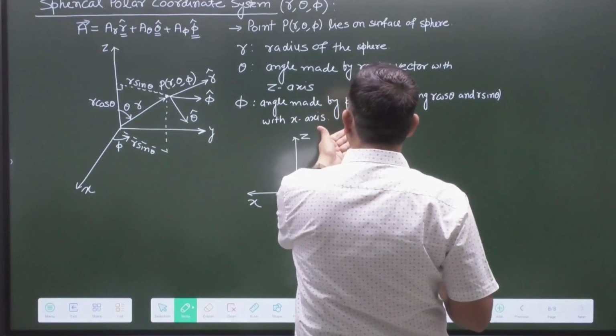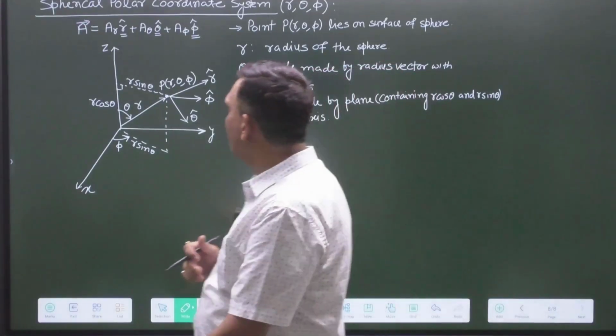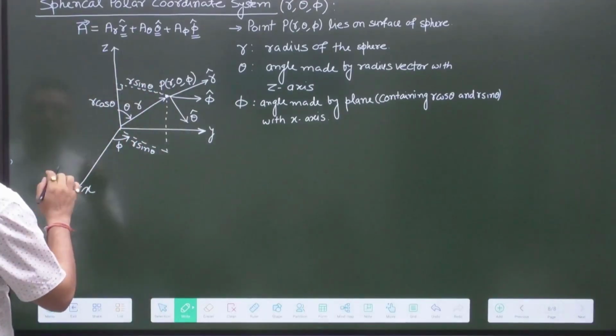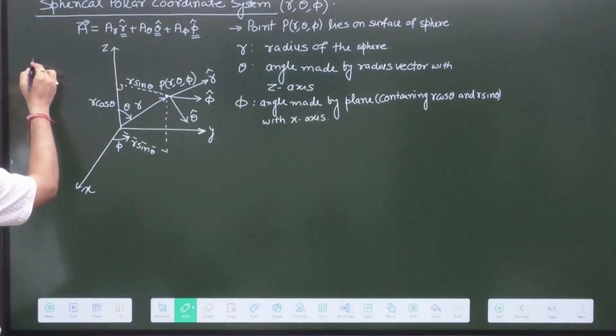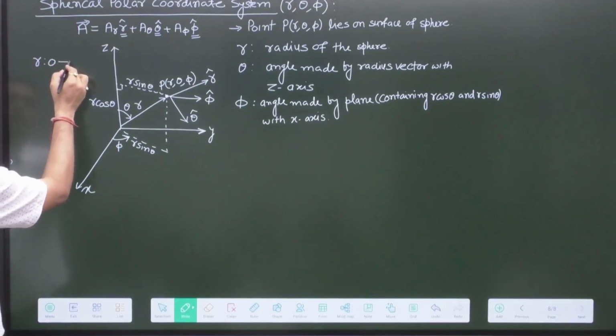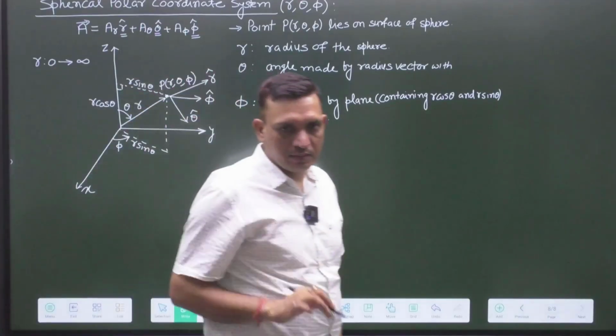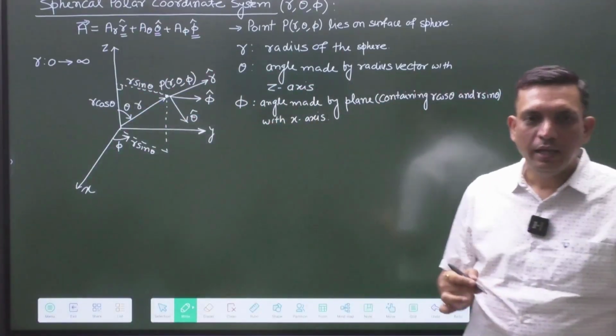Now we will see what should be the angle. What are the possible angles here? In general, r can vary from 0 to infinity. You can take any radius, 0 to infinity.